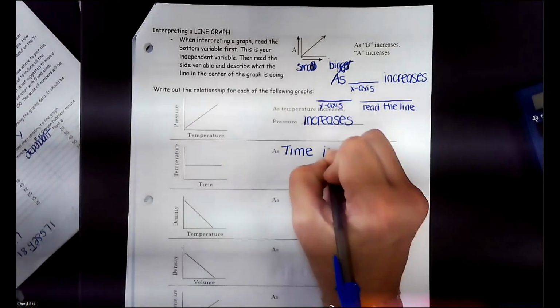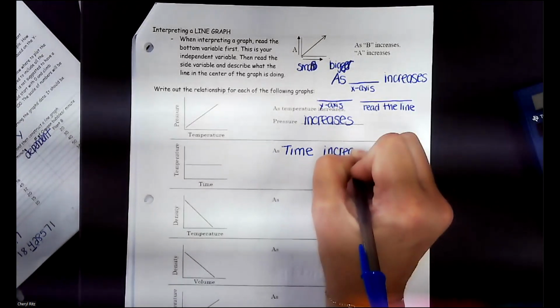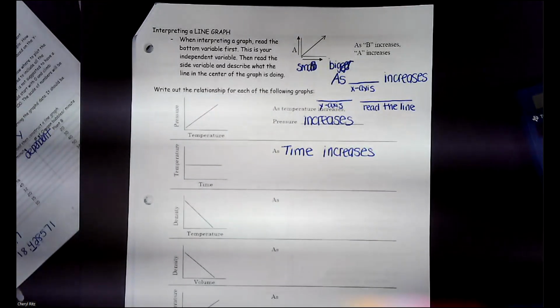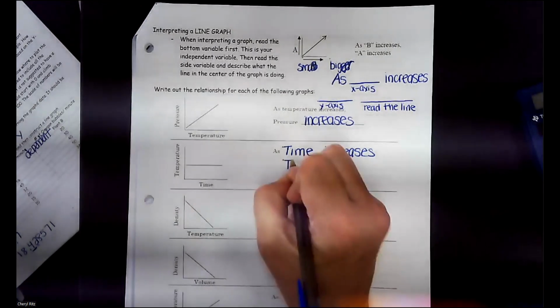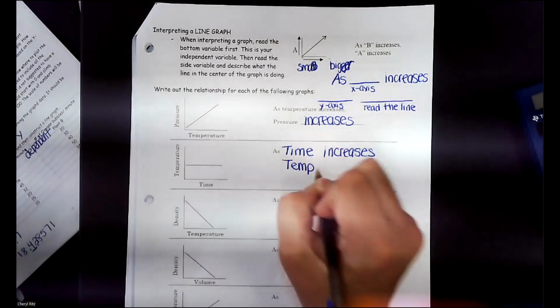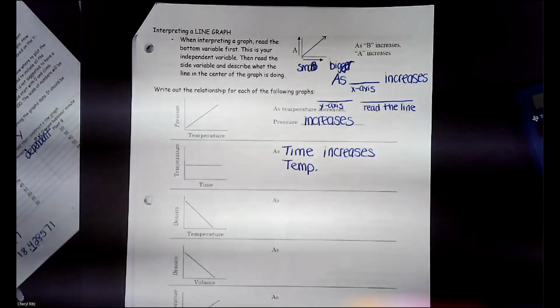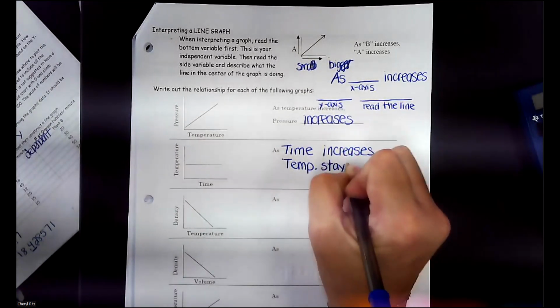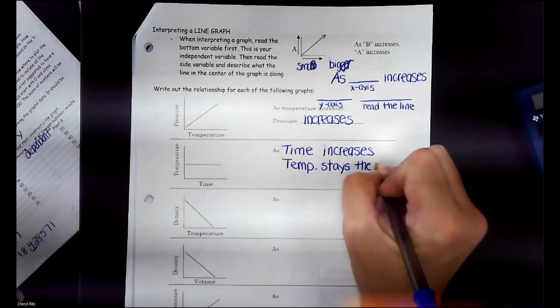So as time increases, we just read the y. The next part is temperature. Then you read the graph. What does a flat line tell you? Is it increasing, decreasing, or staying the same? That's staying the same. Temperature stays the same.